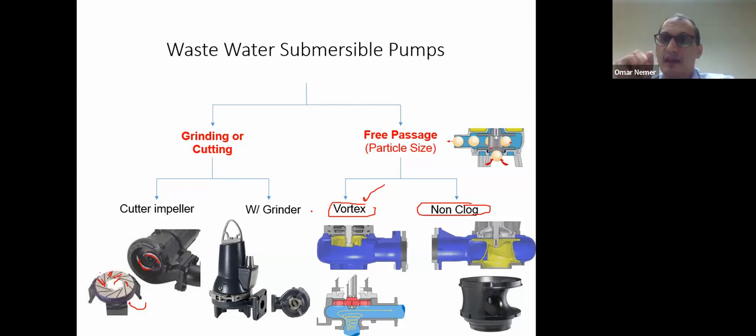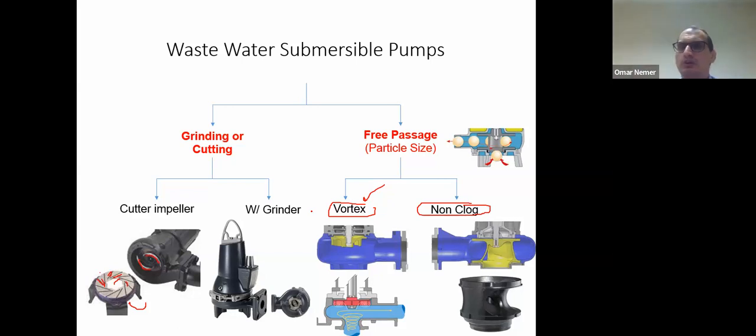But if your pipes for the sewage are less than 2 inches in internal diameter, then it's better to go with the grinder. Why?